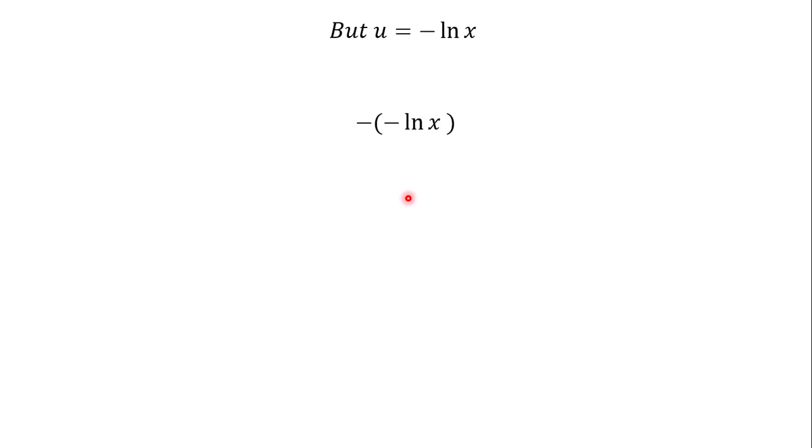Therefore, the integral of 1 over x dx is equal to natural log of x plus c. Good. Now the workings from above tell us the reason why when we integrate this one we get natural log of x plus c. Now let's prove the differentiation aspect of this question.